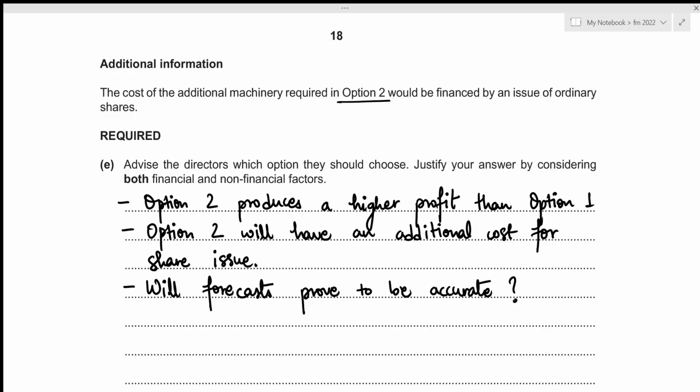And for option 2, we are purchasing a new machinery, right? So maybe the workforce will require training to work on the new machinery. Let's write it down. Will workforce need training on new machinery?